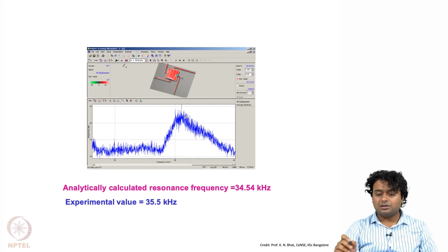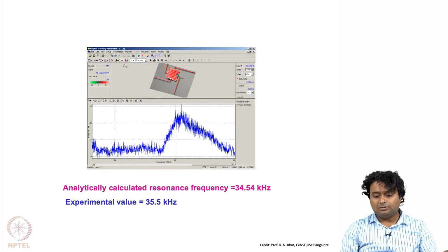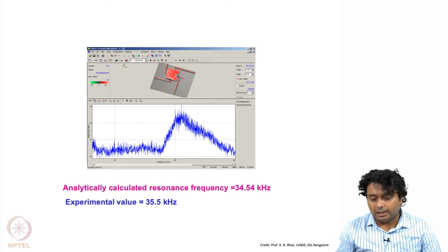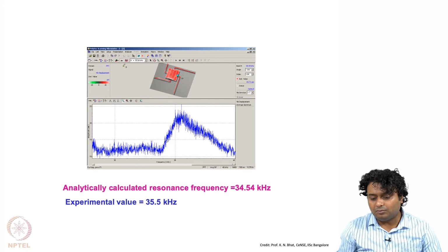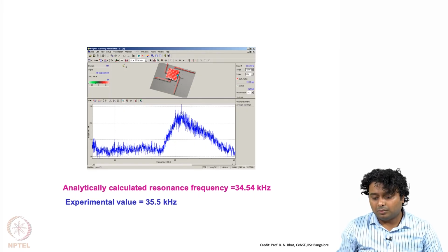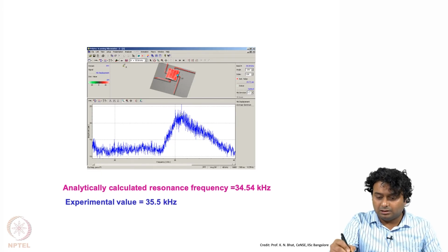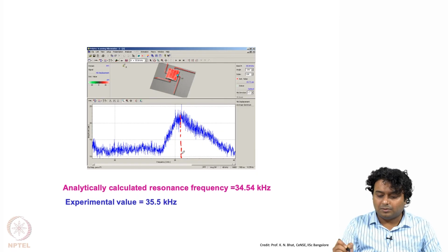If we see the frequency response, initially there is some amplitude which is much lesser, even below 15, and as we switch the frequency it is almost the same, but after a certain frequency it starts increasing and reaches a maximum at this point, the 35.5 we got from the experiment. This is the peak frequency where the amplitude is maximum. This is our resonance frequency, about 35.5.